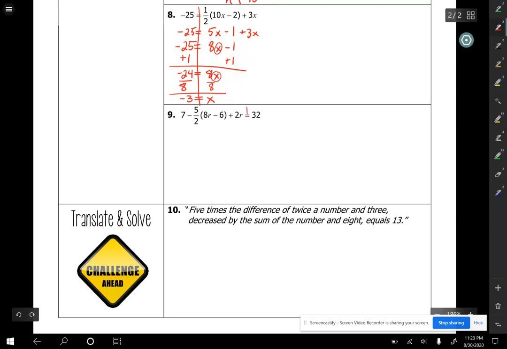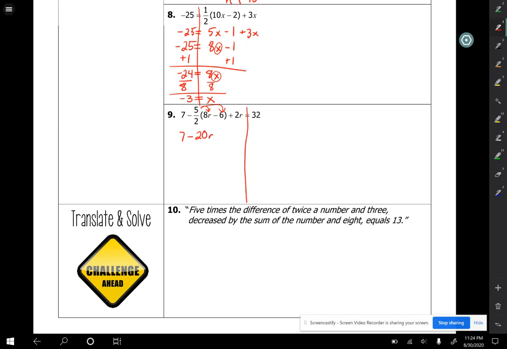Number 9. Now I'm going to distribute the negative 5 halves to the 8r and the negative 6. Okay, so I'm going to use my calculator for this. Parentheses, negative 5 divided by 2, close my parentheses, times 8 gave me negative 20r.